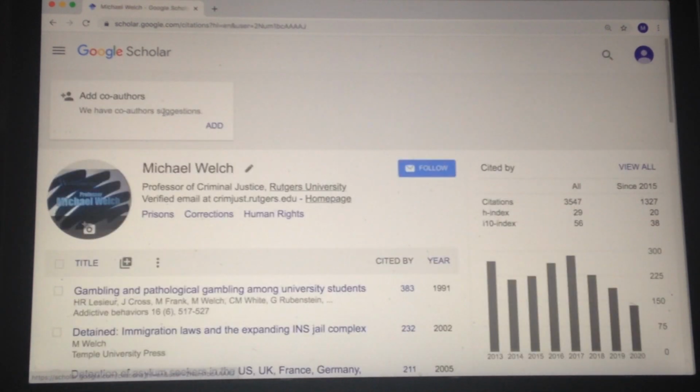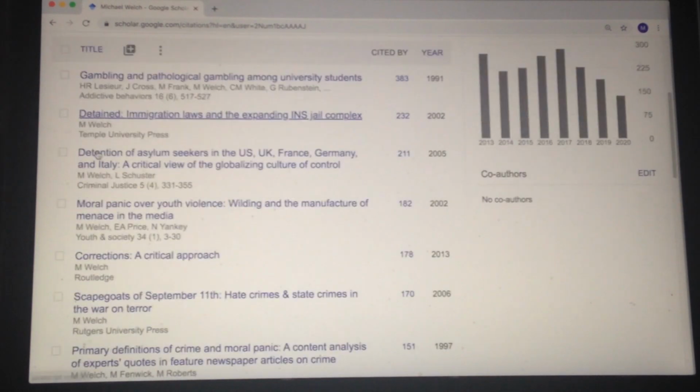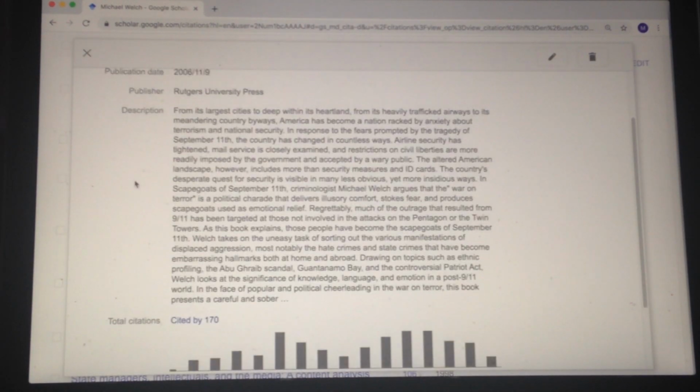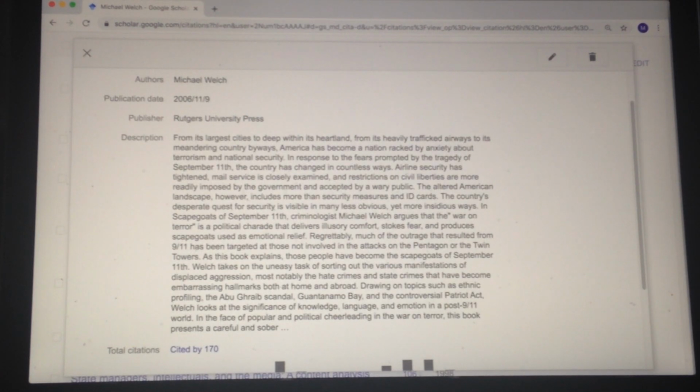ProfessorMichaelWelch.com. So, when you go to, for example, this profile, once again, this is relevant to this course. I'm not requiring this book, but this is a very good snapshot: Scapegoats of September 11th. If you want to read more about how 9/11 is a dissecting event.